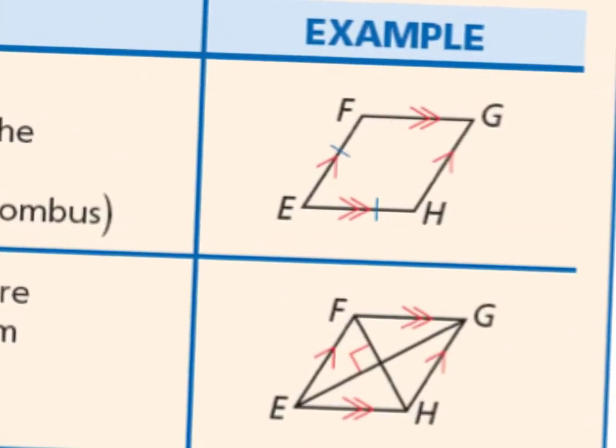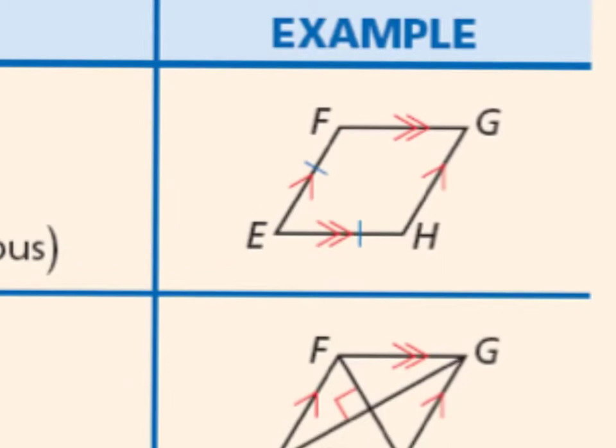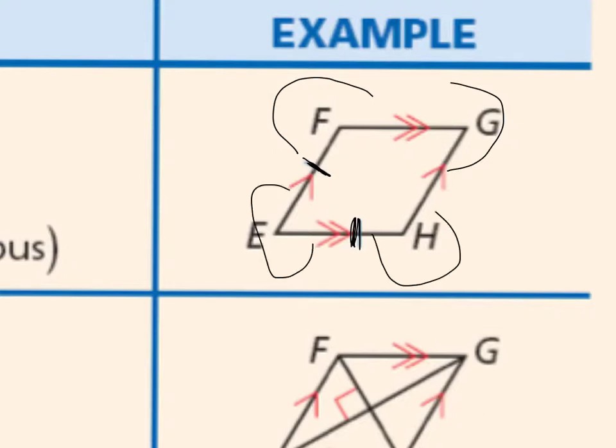So if you know it is a parallelogram, you must know that, and you have a set of consecutive sides that are congruent, then it is a rhombus. Remember, consecutive sides just means two sides in a row. It doesn't matter which two sides, you just have to have two sides in a row. In this case, we have these two sides. So since those are congruent, you have a rhombus.